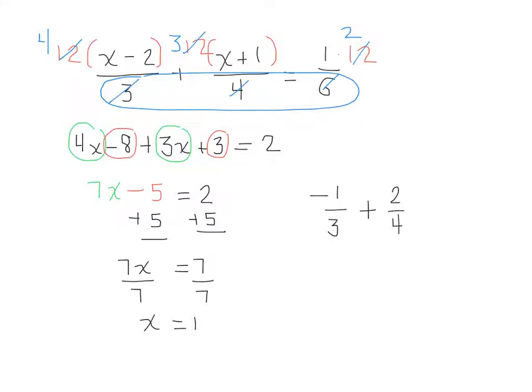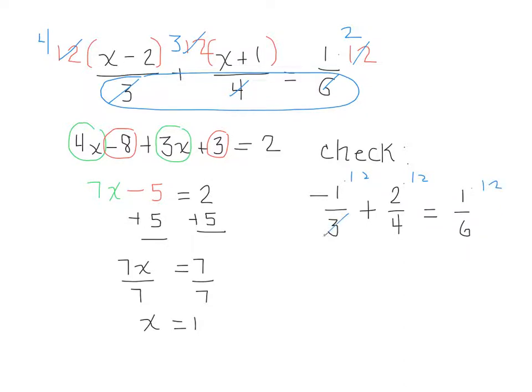And then those added together should equal 1/6. Well, let's see. I could multiply through by 12, or I could get common denominators, whatever I prefer. I'm going to multiply through by 12. So times by 12, times by 12, times by 12.